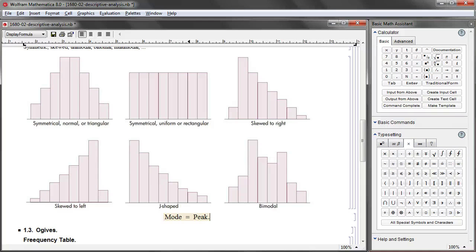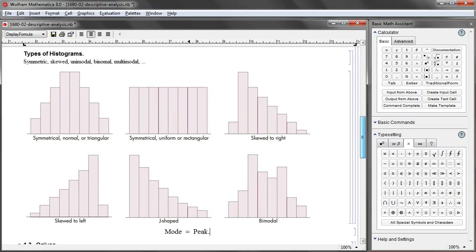It means a peak. The first, third, fourth, and fifth histograms have one mode, one peak. So those are all unimodal. And if you look at the last one, that's bimodal because there are two peaks.